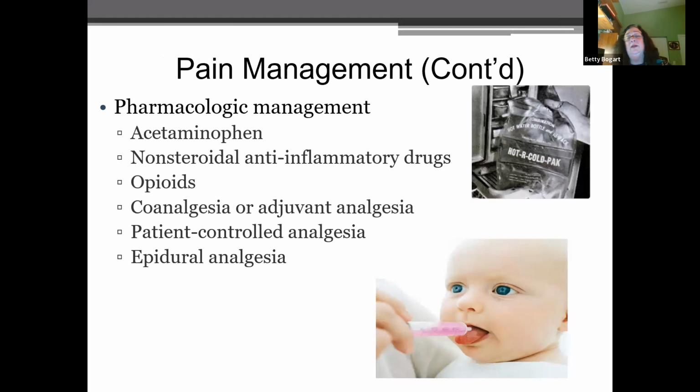Tylenol is another one that we can give, hot packs, cold packs, positioning. Now, non-steroidal anti-inflammatory, Motrin, we do not give that to infants until they're 6 months old. There is some bleeding coagulopathy, something with platelets that affects younger children. So a child must be 6 months old before we'll give ibuprofen to them.